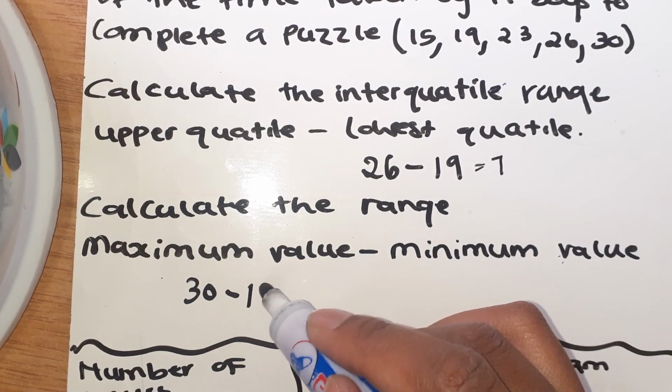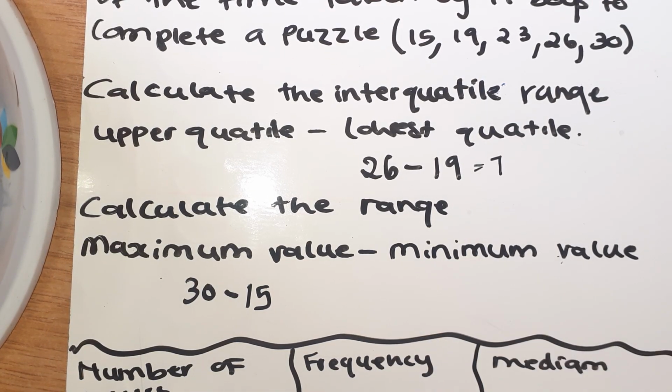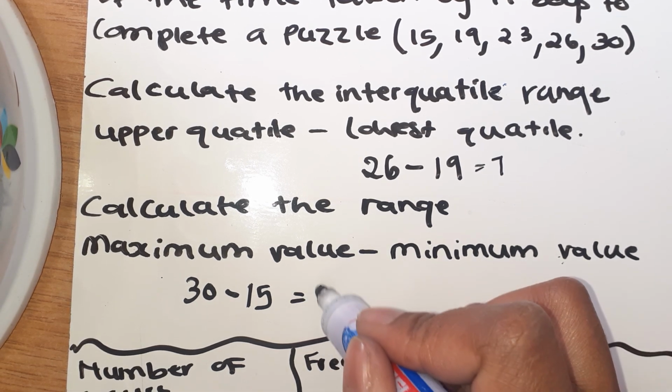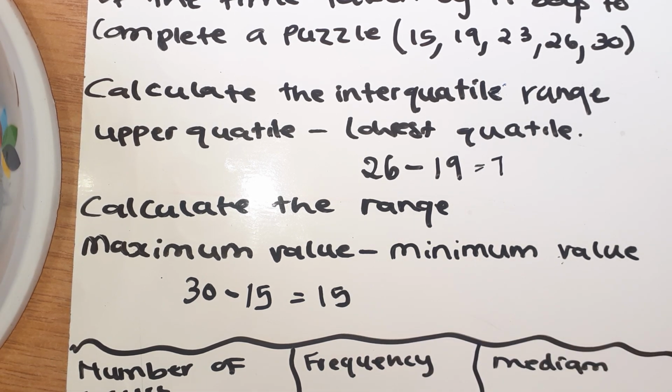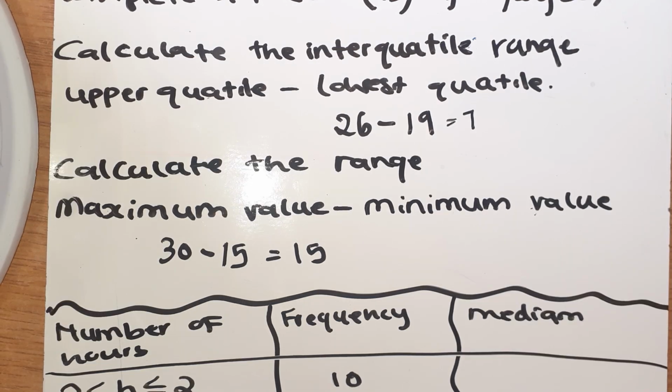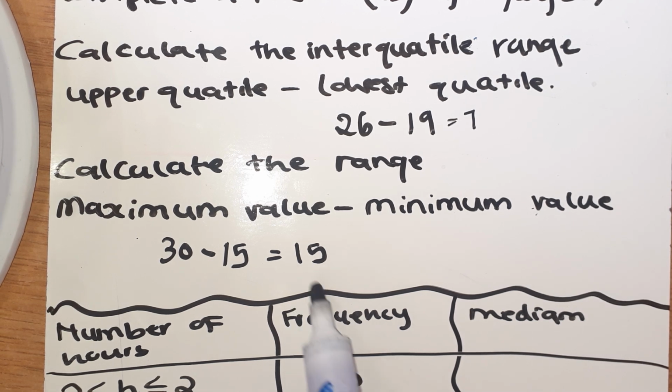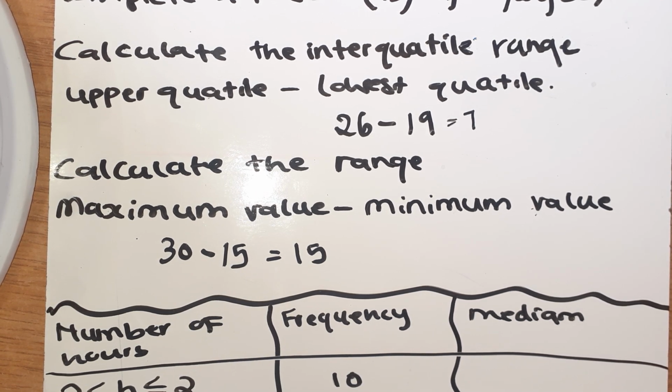So the maximum is 30, the highest one, and the lowest one is 15. So the range in this data will be 15. You can get the minimum or the maximum if you are given range and one of these numbers. There are questions where you'll be asked to calculate the minimum while you are given range and maximum.